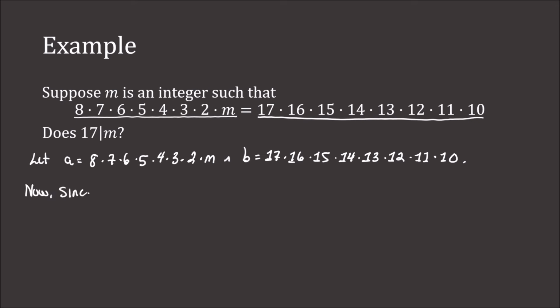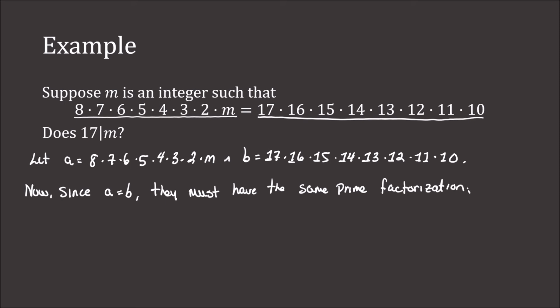Now, since we know that a is equal to b, they must have the same prime factorization, because the prime factorization is unique.